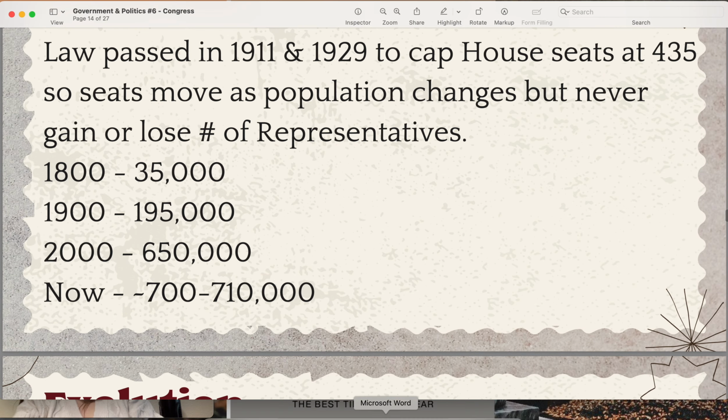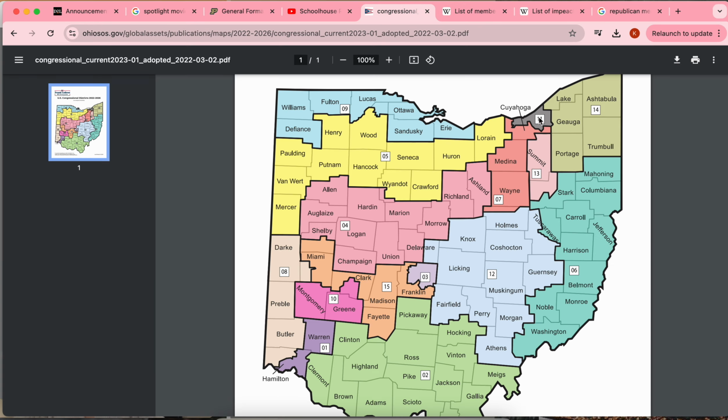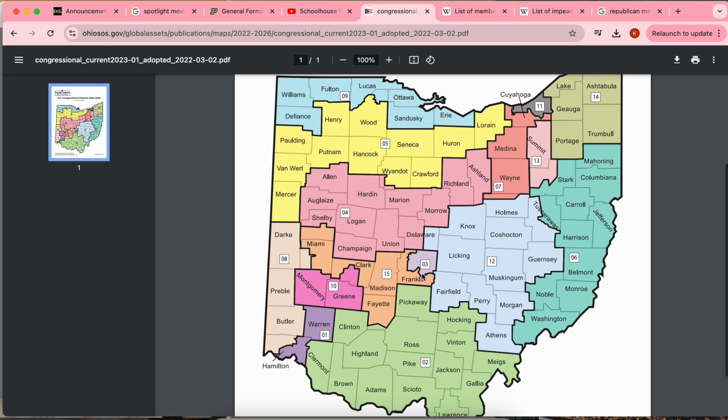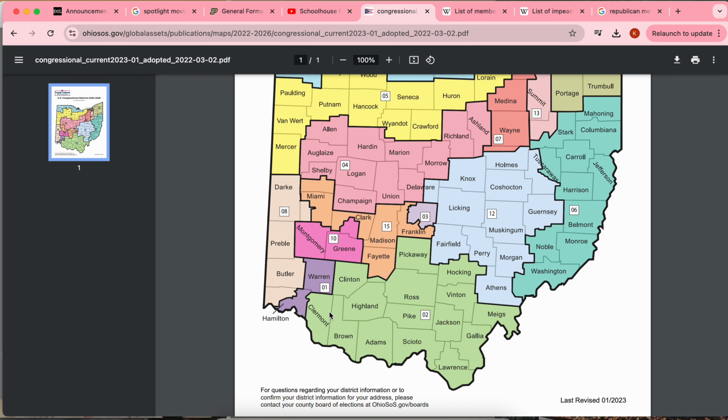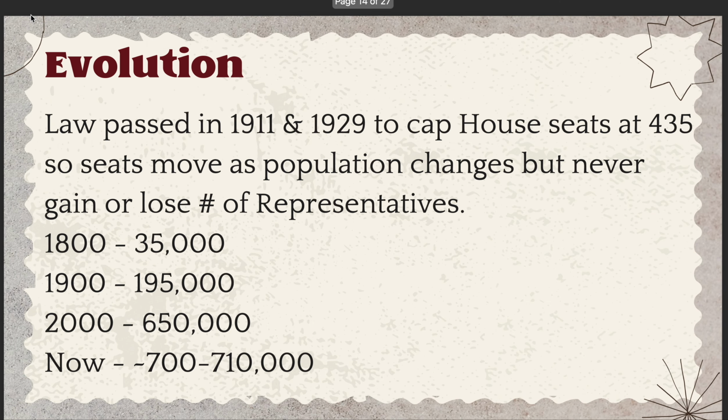And that's why these districts look so funny. 705,000 people live in these little districts. And 705,000 people live in these big districts. And obviously, it will never be exact, right? One district might have 710,000, one district might have 700,000, but it will be relatively the same within those 10,000.